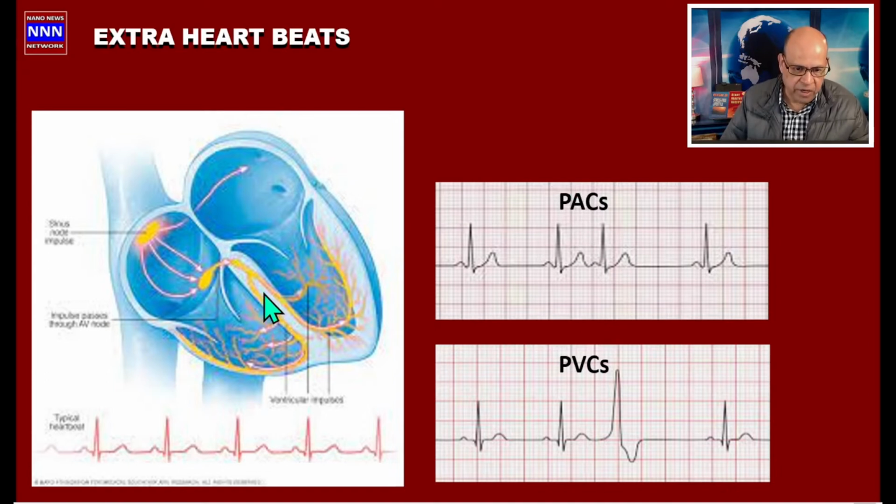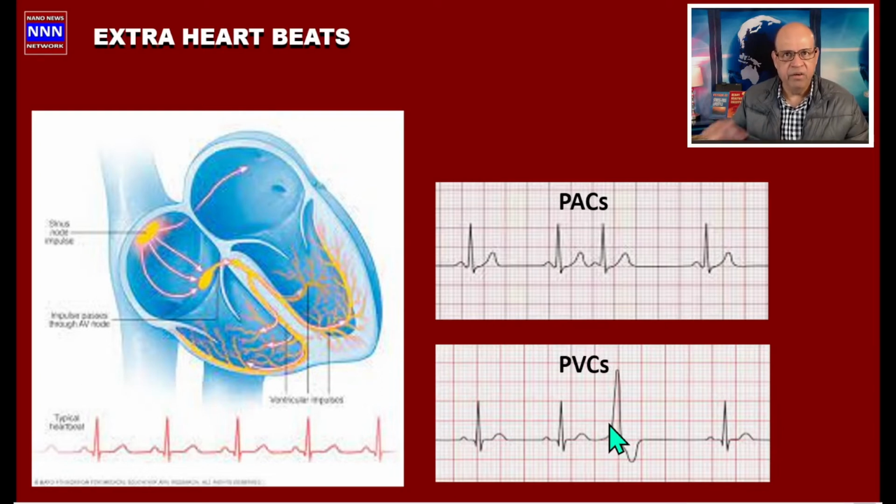If the extra beat is arising anywhere from the right or the left ventricle, it has a different morphology and it is wide. It has an ST-T segment going in the opposite direction, and there is no preceding P wave as we see with the premature atrial complexes. So these are known as the premature ventricular complexes.